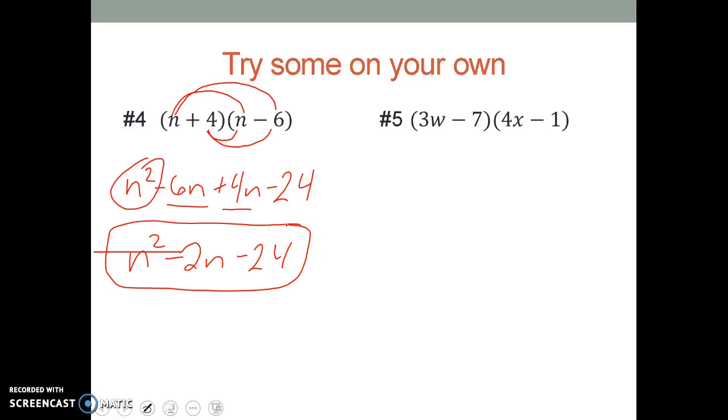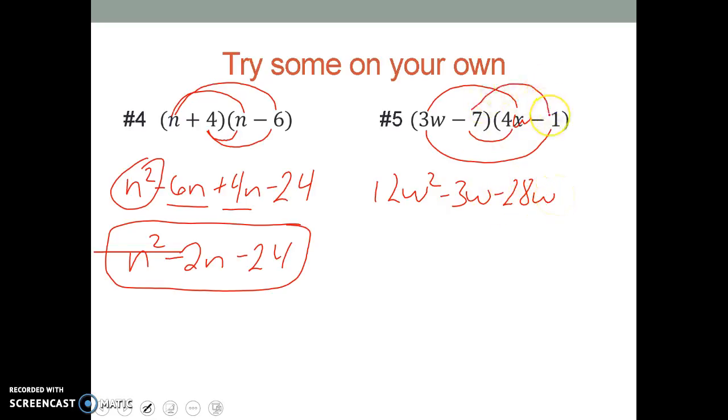For number 5, same thing. If I take 3w, let's make these both w's. 3w times 4w, well, that's going to be 12w squared. Then I'm going to take my outside terms. 3w times negative 1 is negative 3w. Then I'm going to take my inside terms. Negative 7 times 4w is negative 28w.